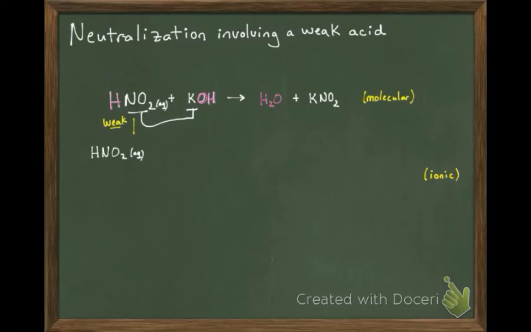It does not ionize appreciably, so in our ionic equation we're going to keep it intact as shown. KOH, however, is a strong base and a very soluble salt. It will ionize in water, K+ and OH-. So here we're re-representing the KOH aqueous as separated ions, K+ and OH-, as you've done before with other types of reactions of salts.